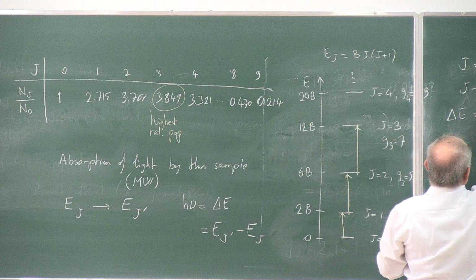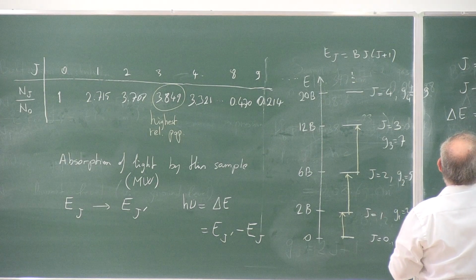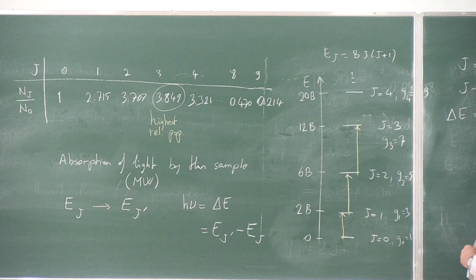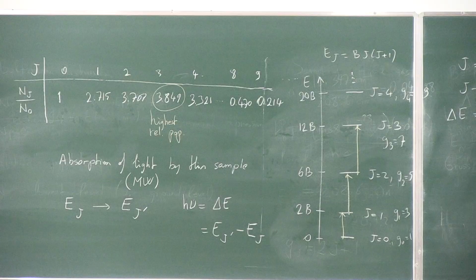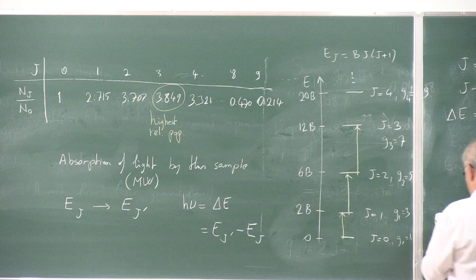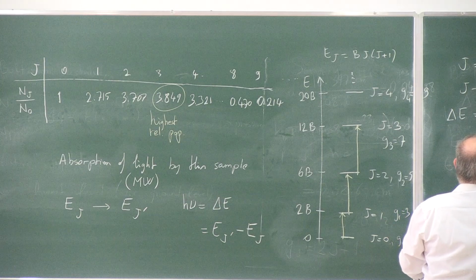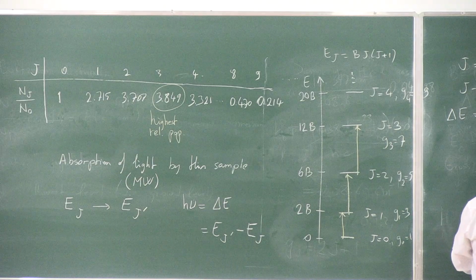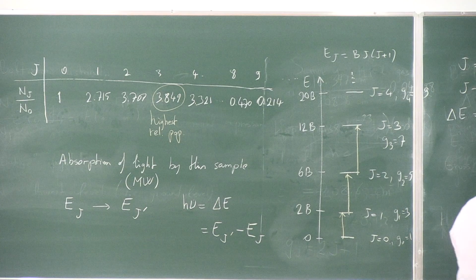If you calculate the energy value, energy difference between final level, which is J plus 1 times J plus 2 minus B times J plus 1. If you simplify this, you will obtain 2 times B times J plus 1 for J 0, 1, 2, and so on.